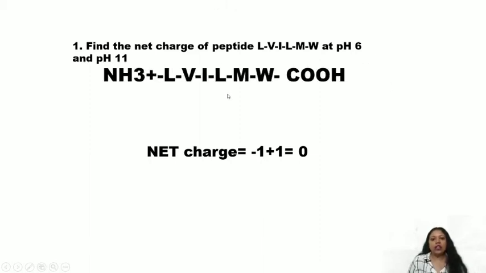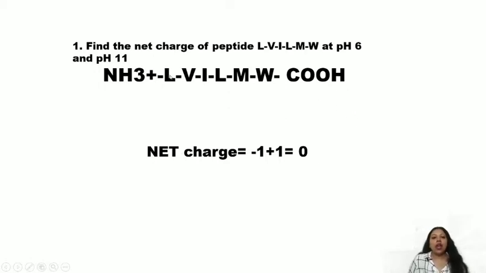The first thing you need to do is write down the sequence as it is given in the question paper and note down the N-terminal and C-terminal ends. This is your peptide sequence, the right terminal is the carboxyl terminal and the left terminal is the amino terminal. And always remember that everything will be protonated at the start point of titration.